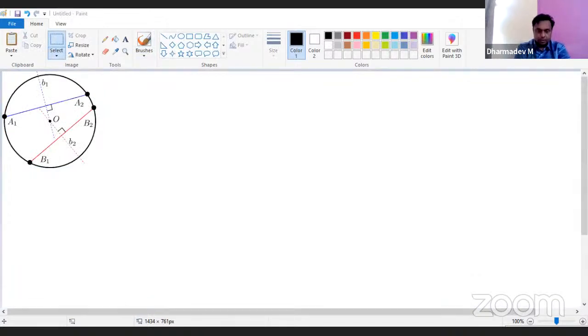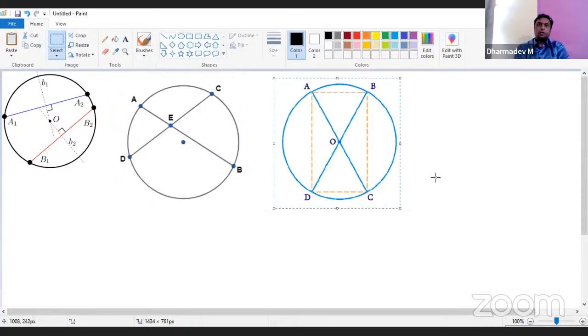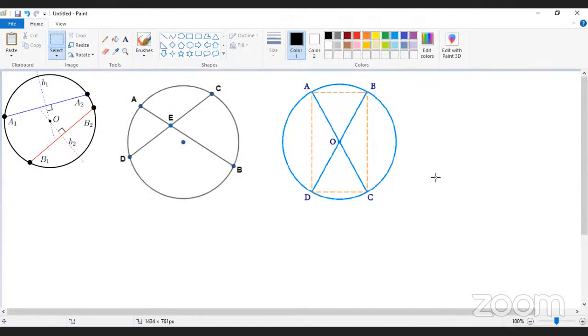Just for you to understand what is called a chord. Are you able to understand with the picture? Can you see the pictures? Are you able to understand? Yes, sir. Okay, good. Fine.